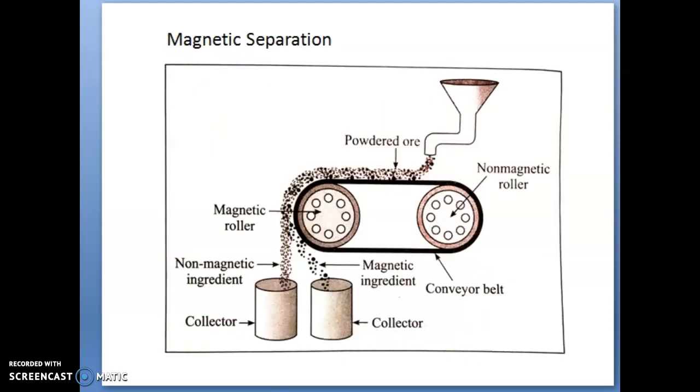The next method is magnetic separation. In magnetic separation, we already told that only the material which can be attracted by a magnet can be removed by this method.